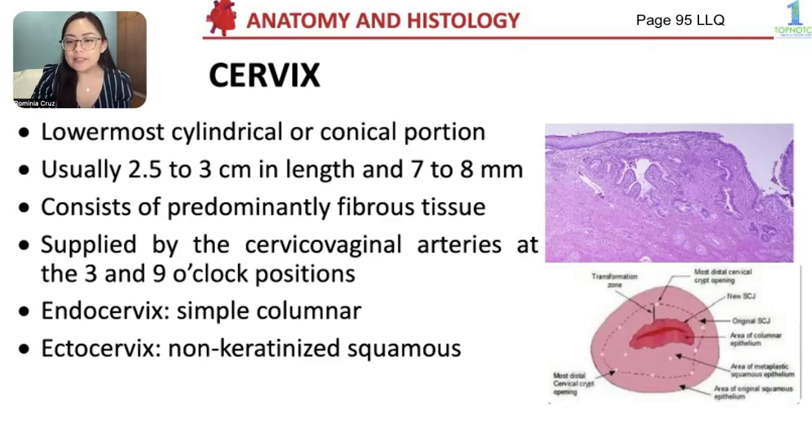So during pregnancy, yung endocervix natin would move out onto the ectocervix in a process which we termed eversion, which is why eventually in time, the transformation zone, which corresponds to the area between the old and the new squamocolumnar junction, increases.